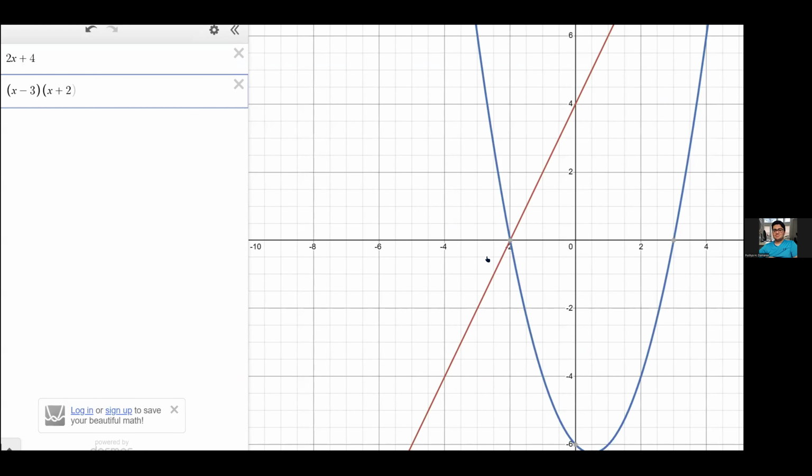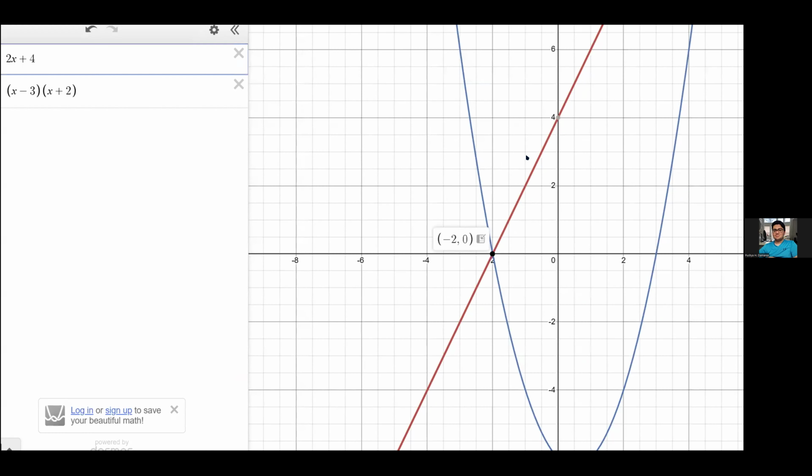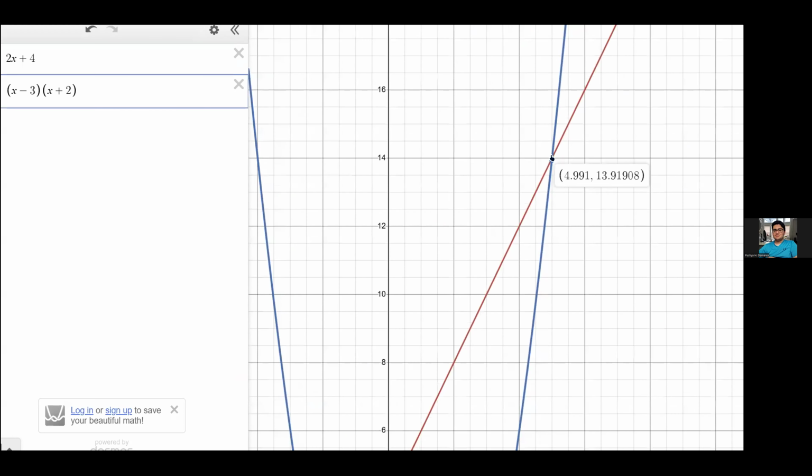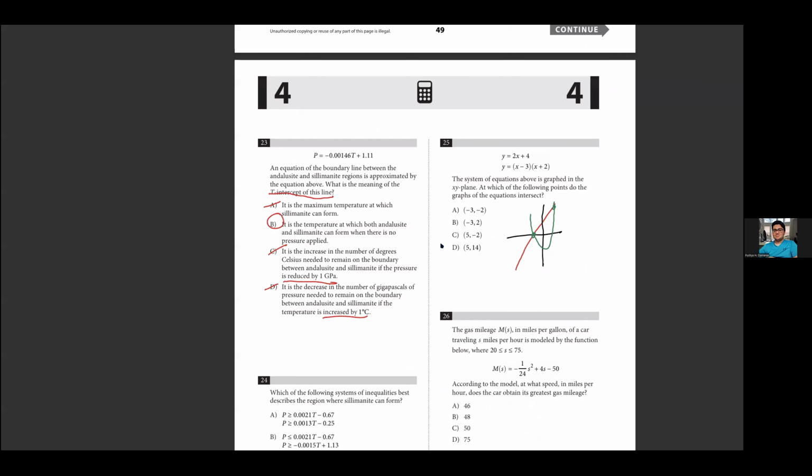Okay, and then our two intercepts are at -2, 0, and at 5, 14. So the correct answer is D.